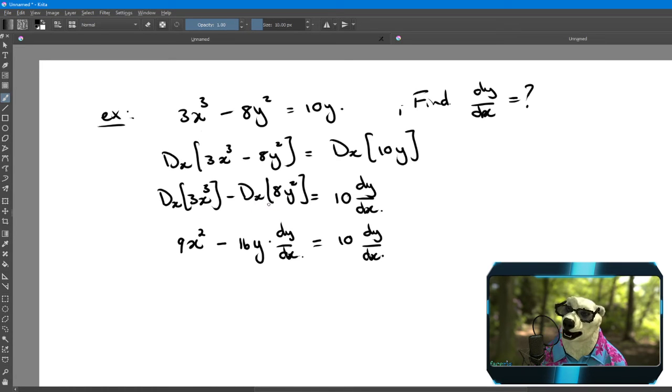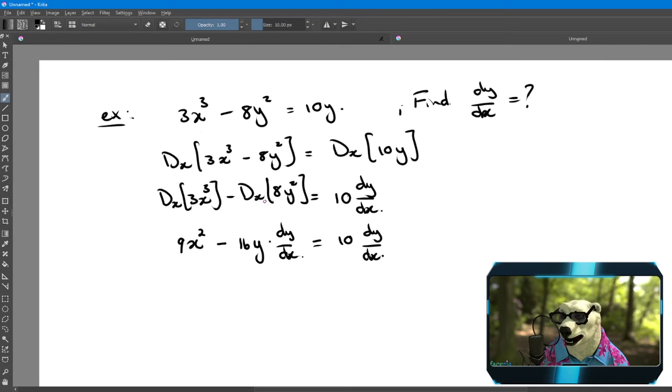But you see in the second one, my variable is not the same. That means I have a chain rule situation, which means that this letter inside the bracket is a quote-unquote function of a function, a function of x. And what I have in the bracket is a function of a function, which means I have to use the chain rule.